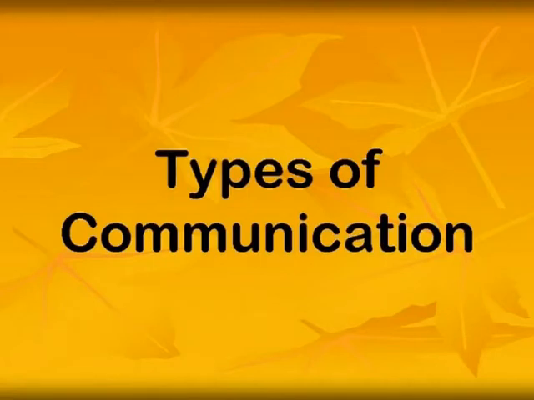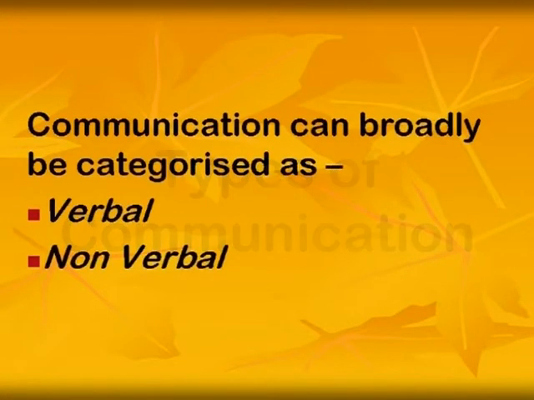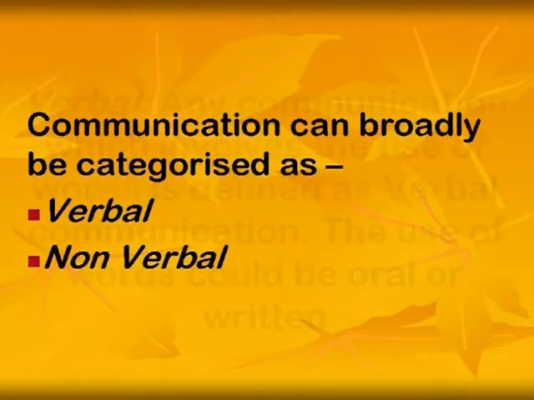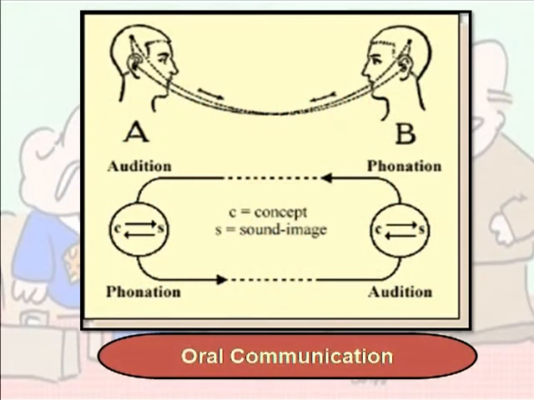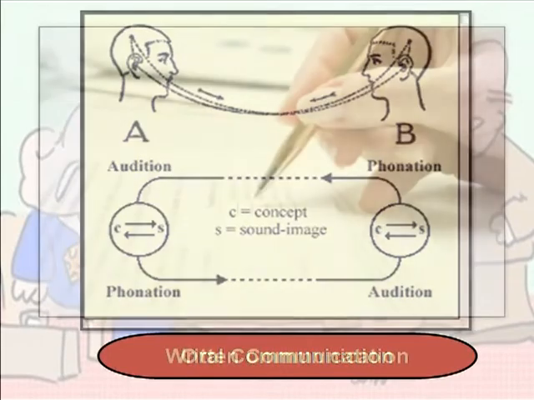Types of communication. Communication can broadly be categorized as verbal. Any communication which involves the use of words is defined as verbal communication, and the use of words could be oral or written.